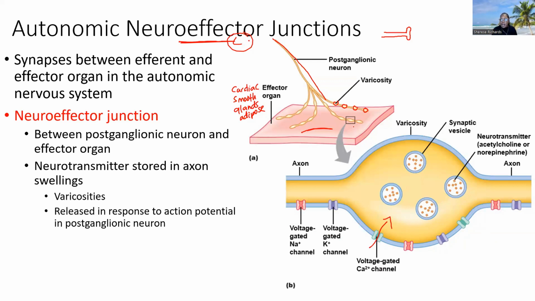So the mechanism of exocytosis, of neurotransmitter release, is the same. It's just that the anatomy here is a little bit different, and the distance is also somewhat different. It's a larger gap between the varicosity and the tissue than, say, a preganglionic neuron and a postganglionic neuron. Okay.